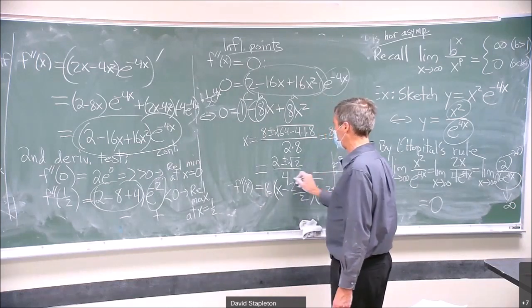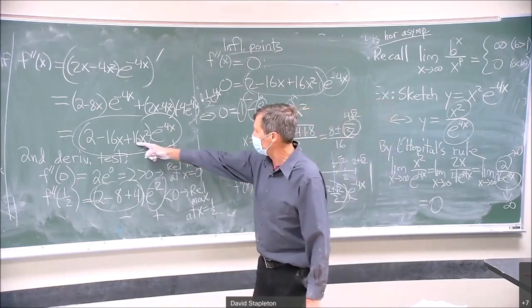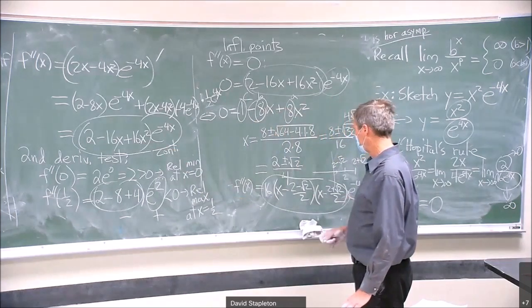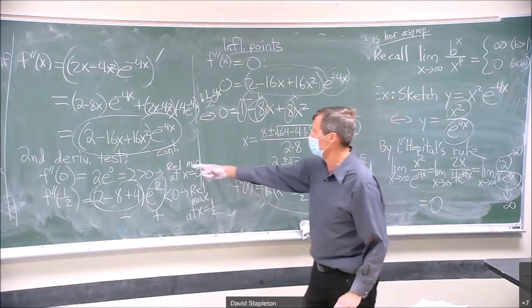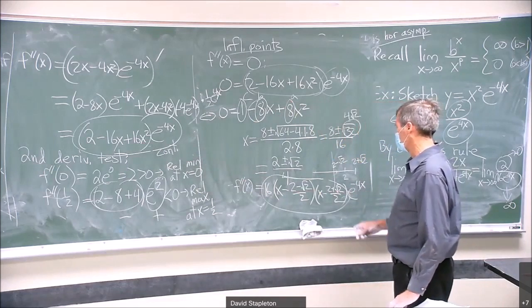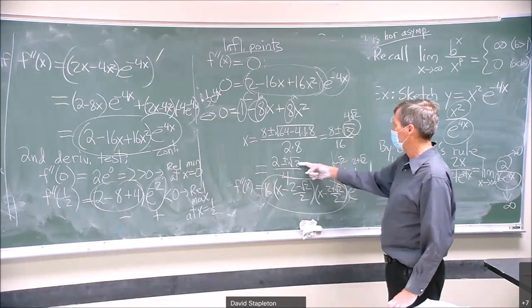But that's how you factor a quadratic polynomial. Pull out the coefficient of x squared times x minus the first zero times x minus the second zero. That's exactly how our quadratic polynomial factors, and then the whole thing times e to the minus 4x. That's what f double prime is. You notice that these change sign, plus to minus, at these two respective points.